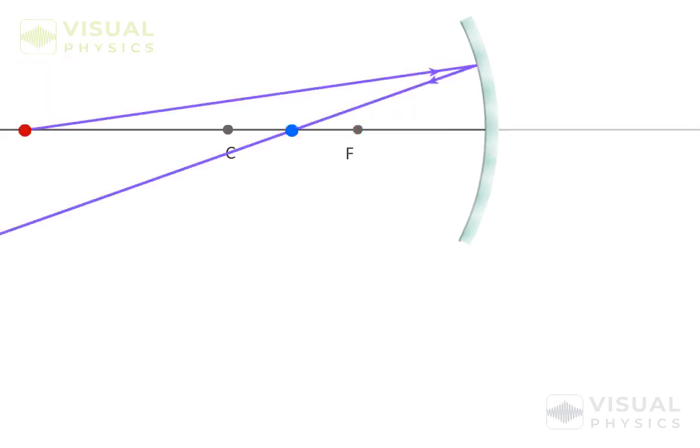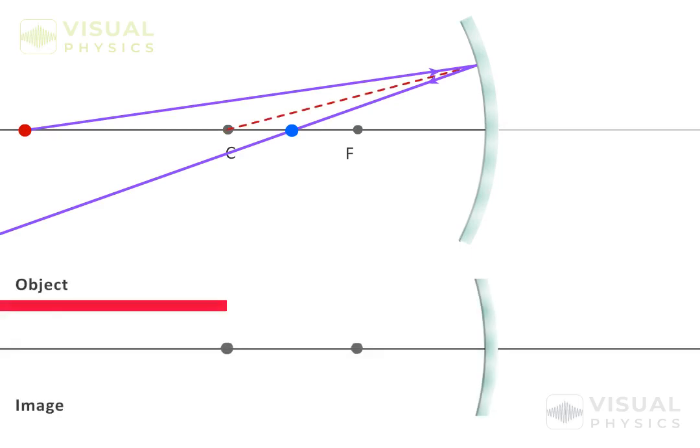Note that when the object is in this region, the incident ray is on this side of normal, and thus the reflected ray has to be on this side of normal. Thus, image is in this region.